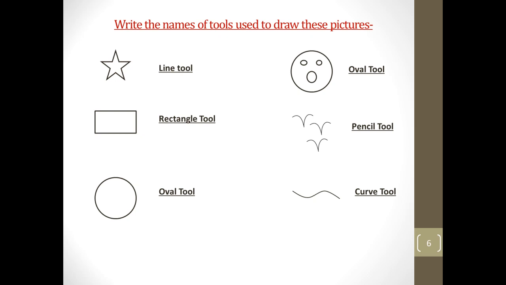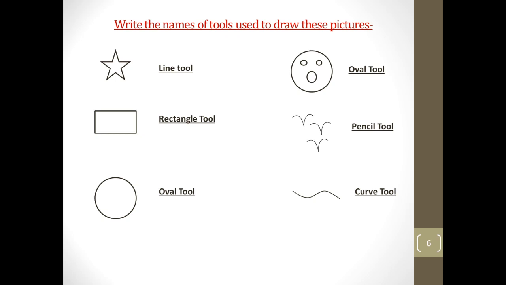First picture is of star, and this can be done with the help of line tool. Second picture is of rectangle. So we can make this picture through rectangle tool. Third picture is circle.